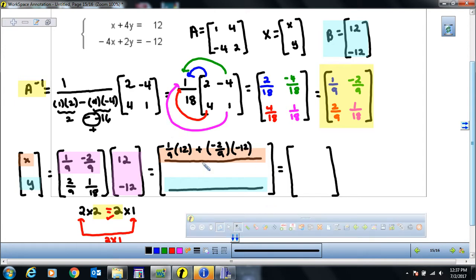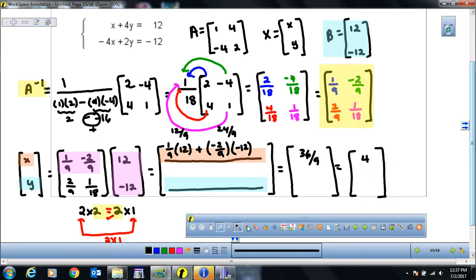So this is going to give me right here a 12/9, and this is going to be a 24/9. If you add them, that's 36/9, but 36/9 is the same thing as positive 4. So that answer is my X. So we already know right here that X is equal to 4.